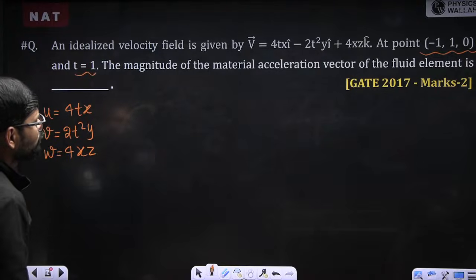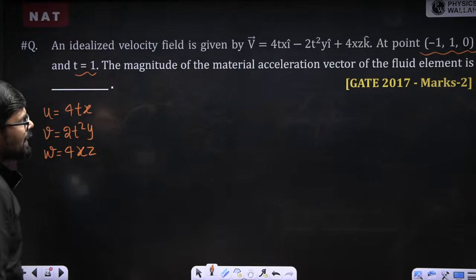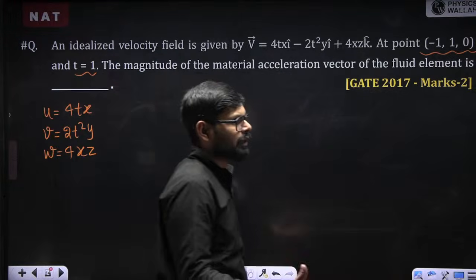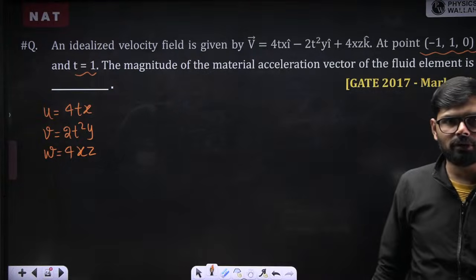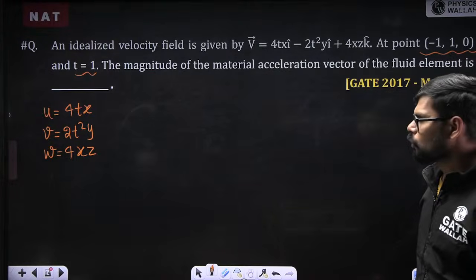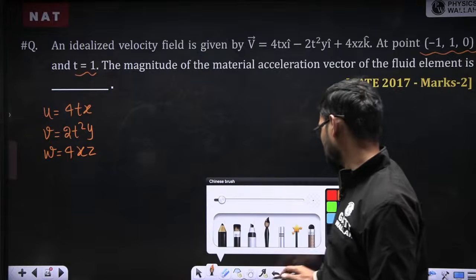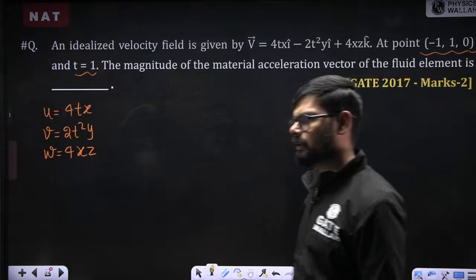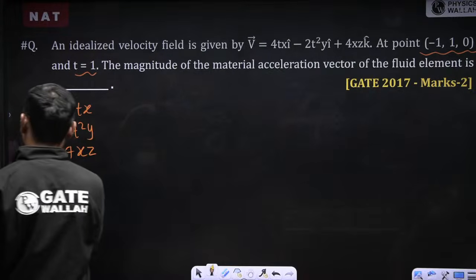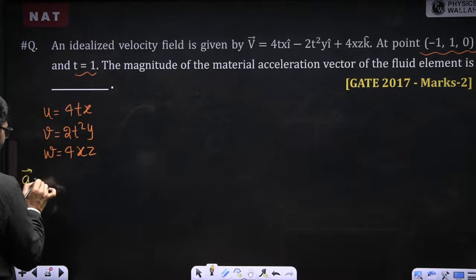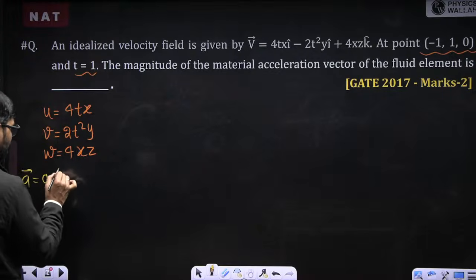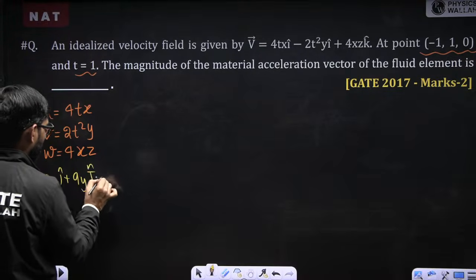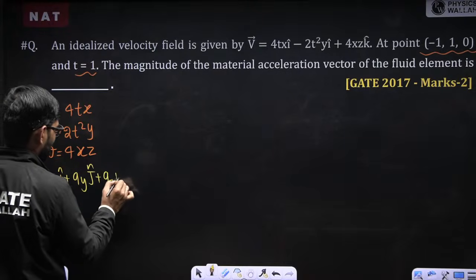You need to find the magnitude of the material acceleration of the fluid, the total acceleration vector. So I already told you, whenever you have to find the total acceleration vector, we can consider a as ax i cap plus ay j cap plus az k cap.